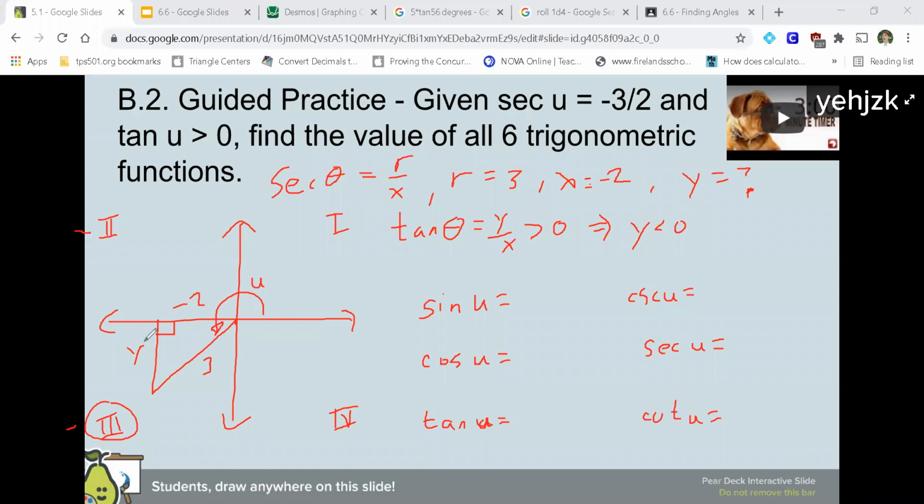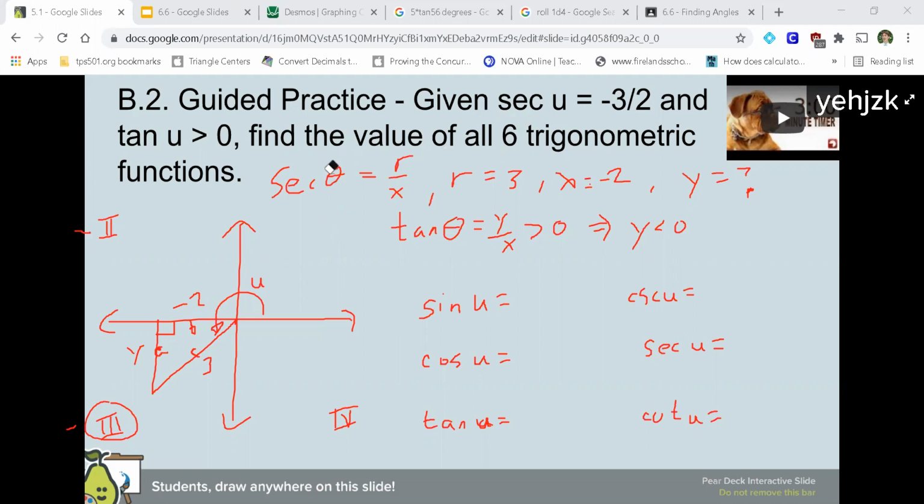How can I find the value of y for this right triangle? What do I need to do to find y? Yeah, the Pythagorean theorem. A squared plus b squared is c squared.